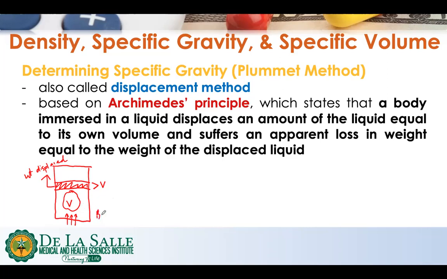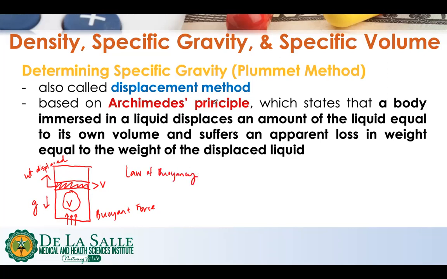It is because of what we call the buoyant force that seems to go against the weight of the substance, which is defined by the force of gravity, G. It is for that reason that the Archimedes principle is also known as the law of buoyancy.